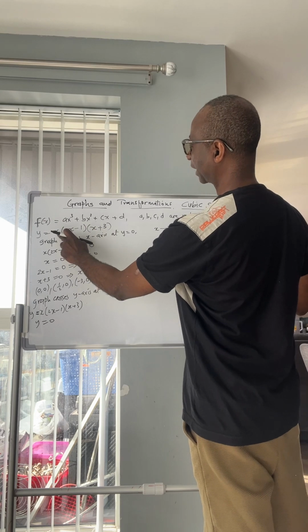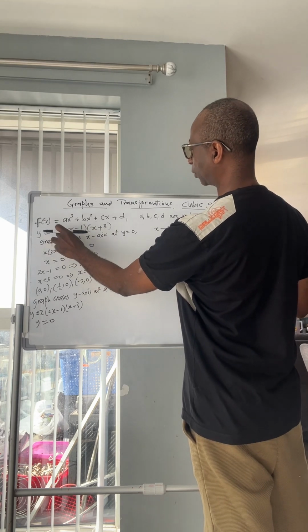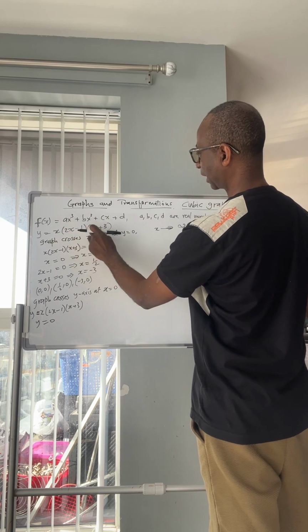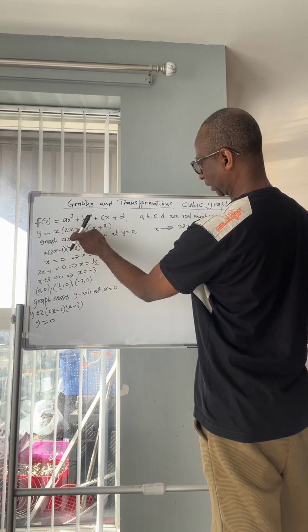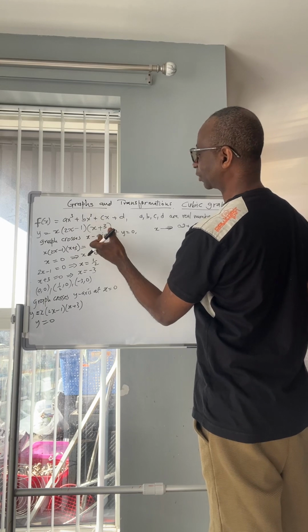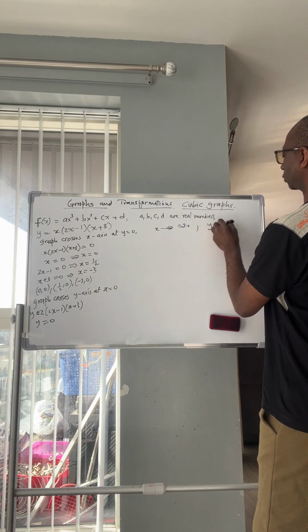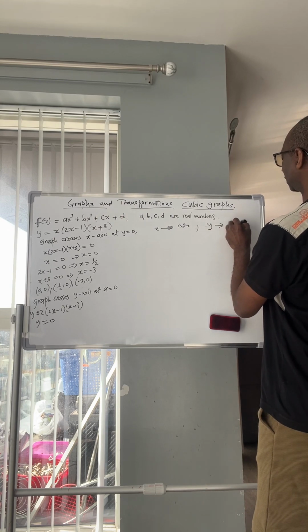If x becomes really large, you multiply large number, large number, large number; the minus 1 and plus 3 are something small. So y will also become larger. Y will approach plus infinity.